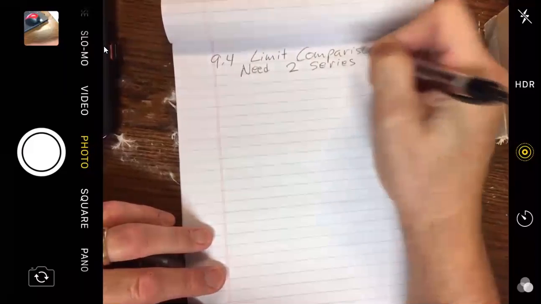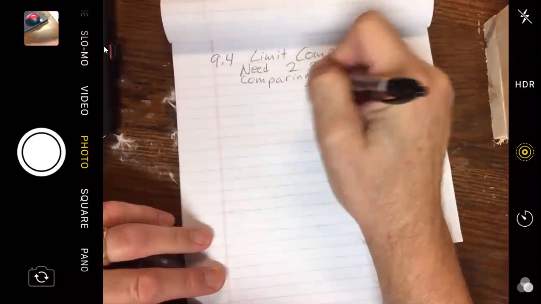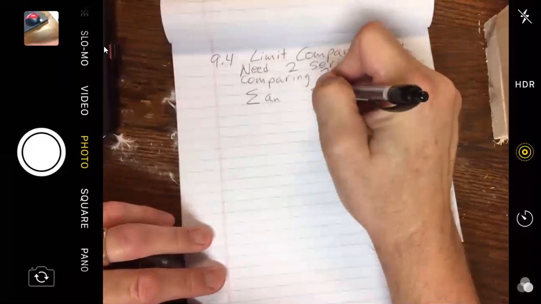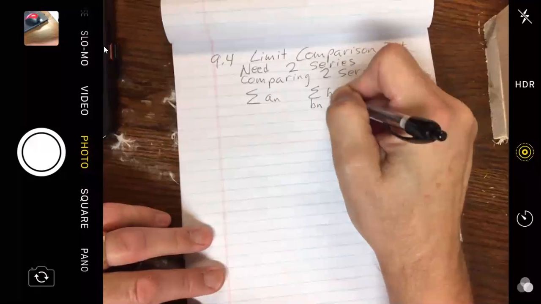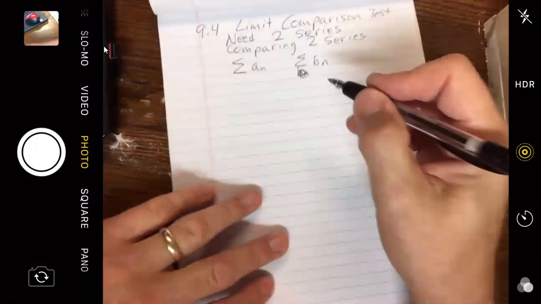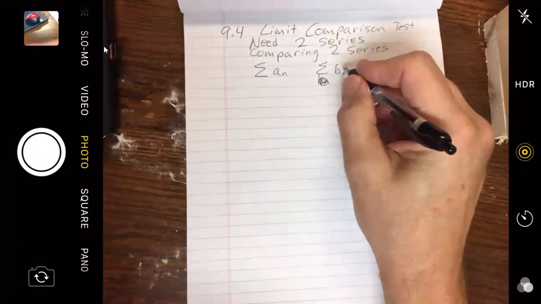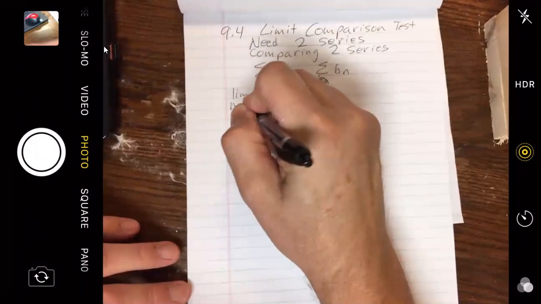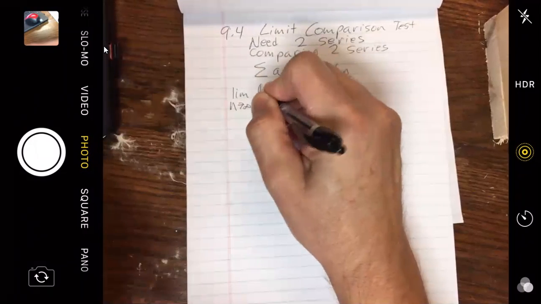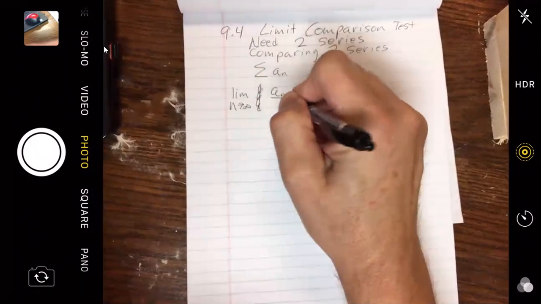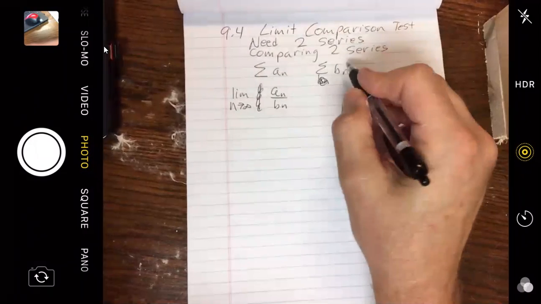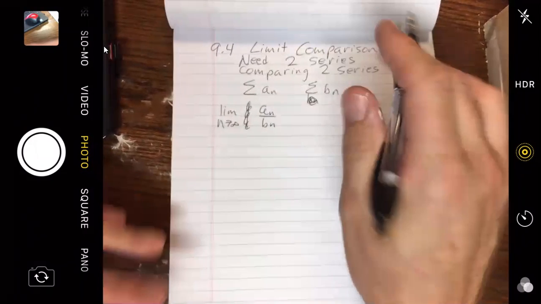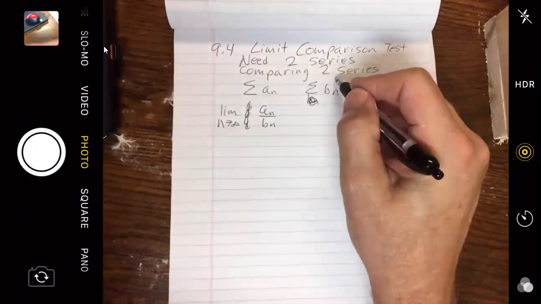You were comparing two series, generically a_n and b_n. You were supposed to know whether one converged or diverged, and then you took the limit as n goes to infinity of a_n over b_n, and these two behaved the same. But the weakness of it is you needed two series.